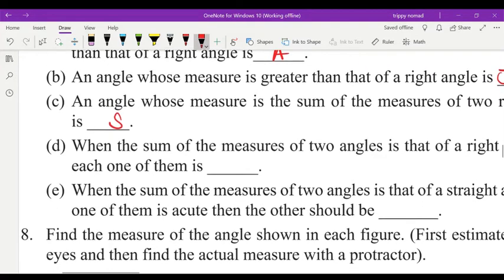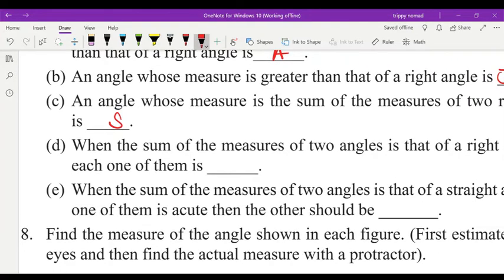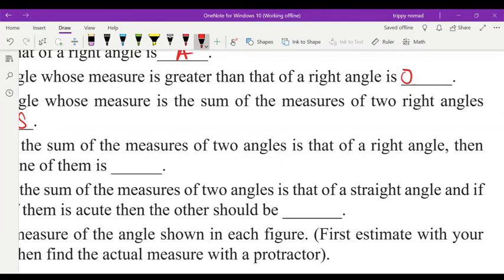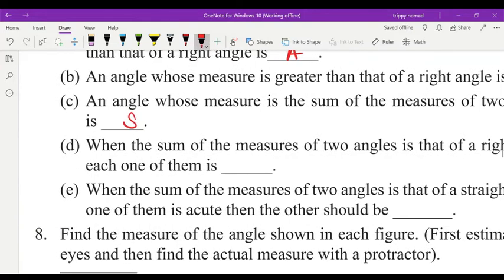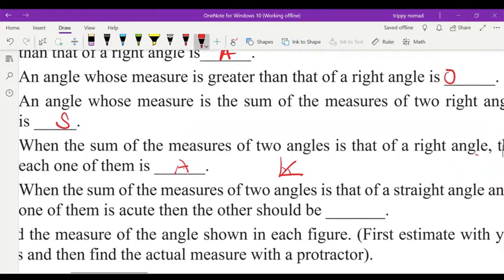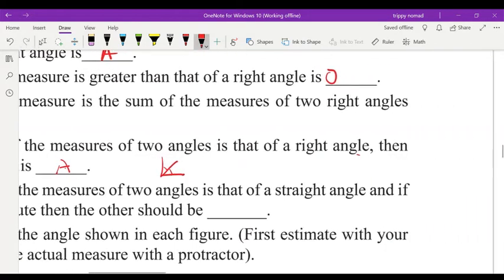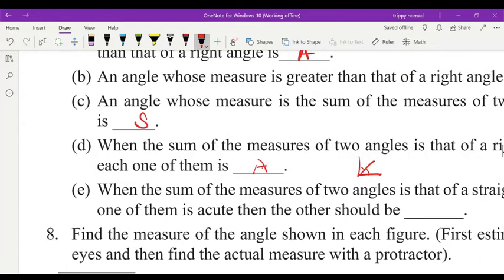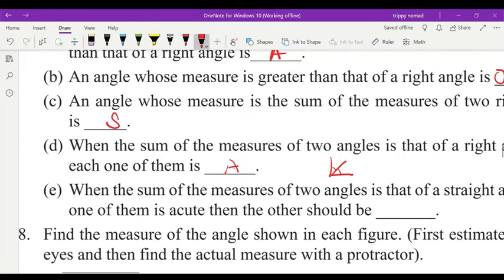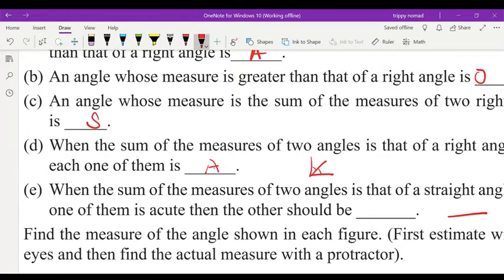When the sum of the measures of two angles is that of a right angle, then each one of them is acute. The sum will be a right angle, and both will be less than right, so they will be acute angles. When the sum of the measure of two angles is that of a straight angle, and if one of them is acute, then the other will be obtuse.